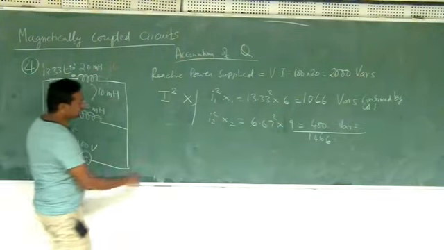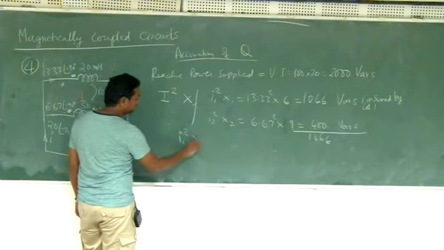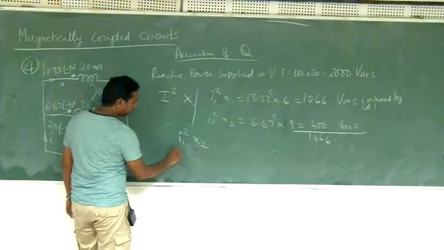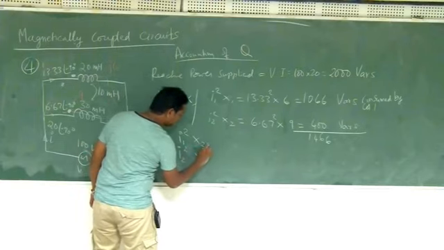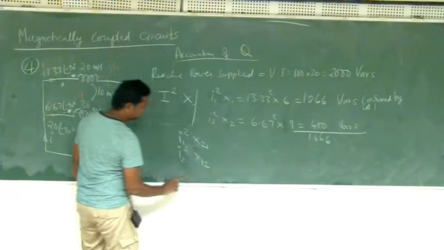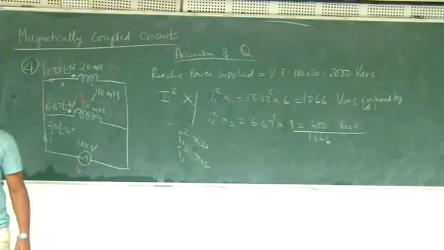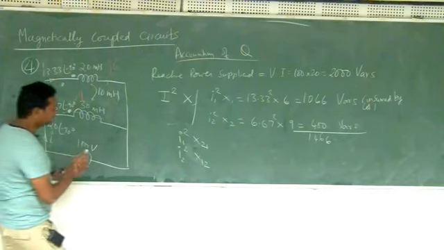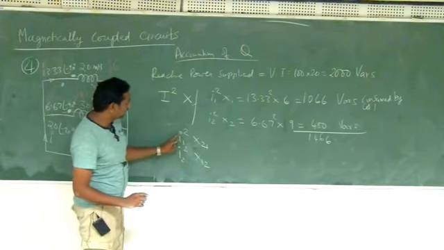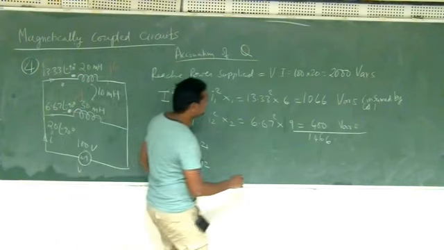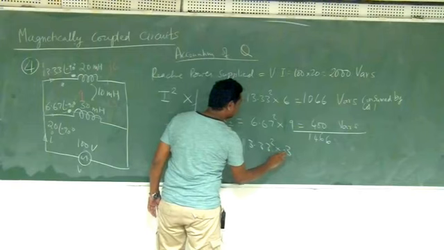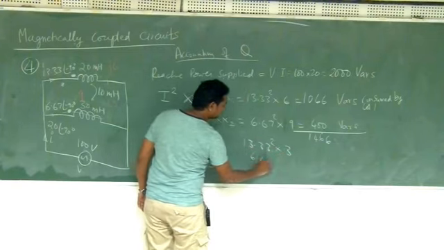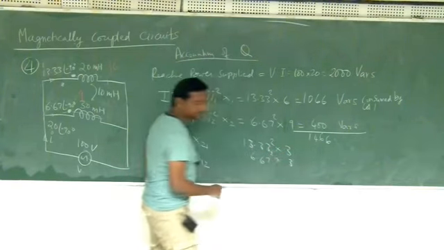So what you do now is I1 square X2, I2 square X1. Sorry, not X2. This is X21 and X12. Something like that you have to do. So basically, just add 13.33 square into 3 and again 6.67 square into 3.